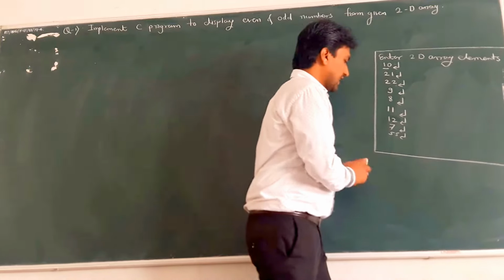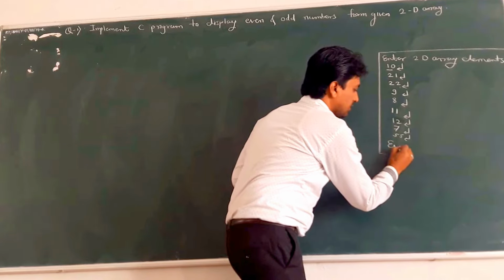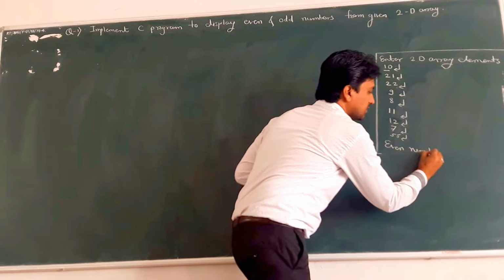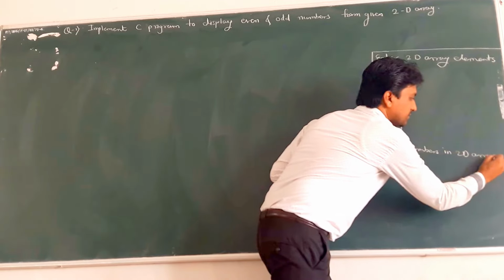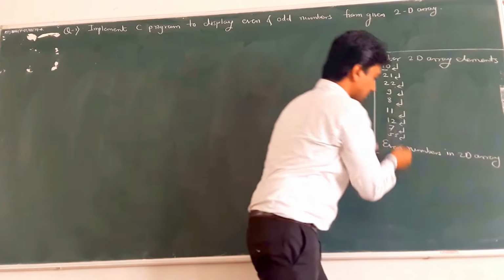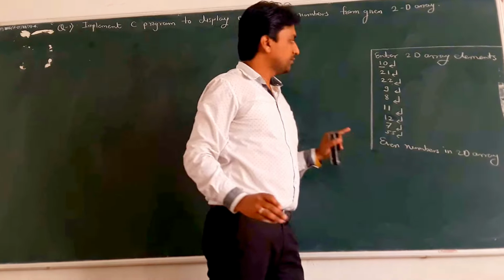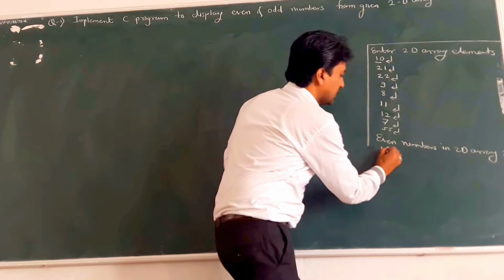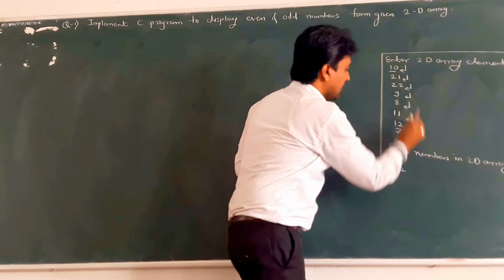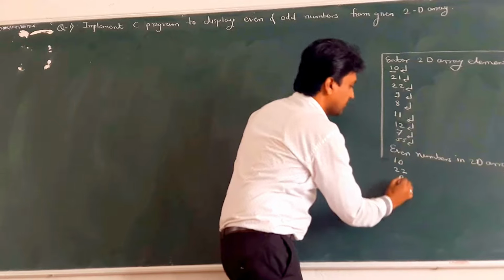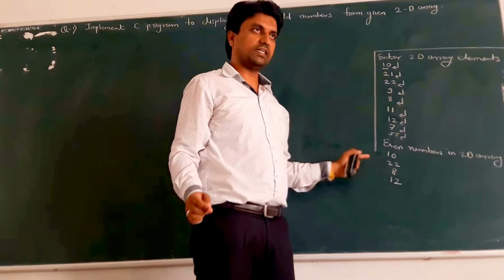Next, after that, the message is "even numbers in two-dimensional array:", and all the even numbers are below that line. Now the even numbers, as we know, are 10, then 22, then 8, then 12. These are the even numbers out of these 9 elements.